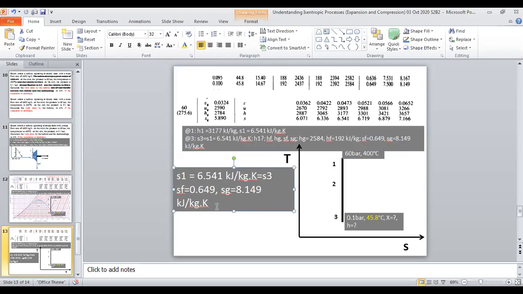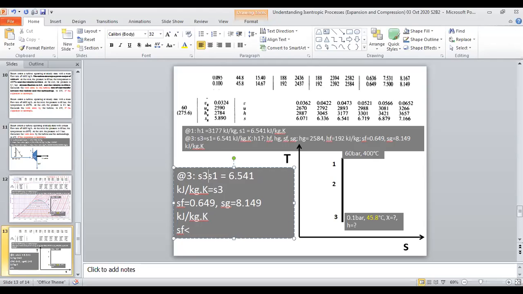So when you check this one, S3 is equal to S1.